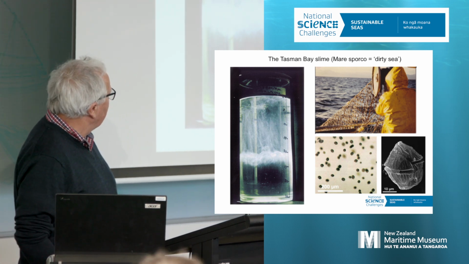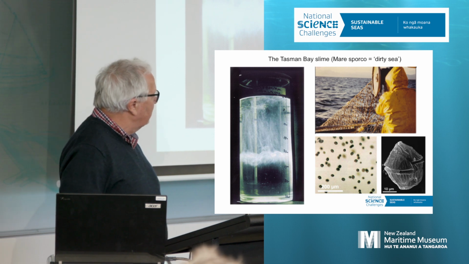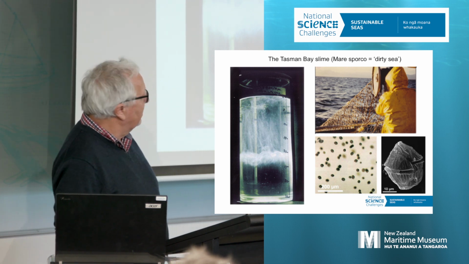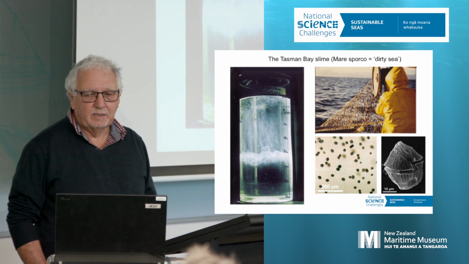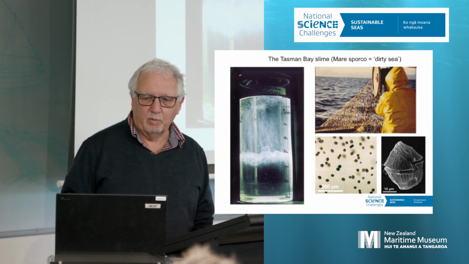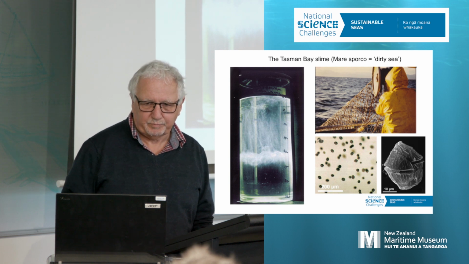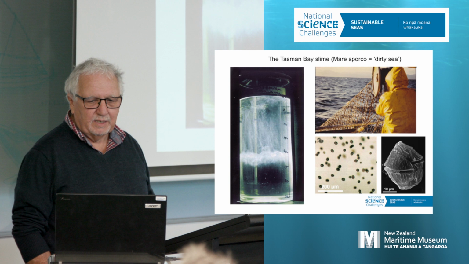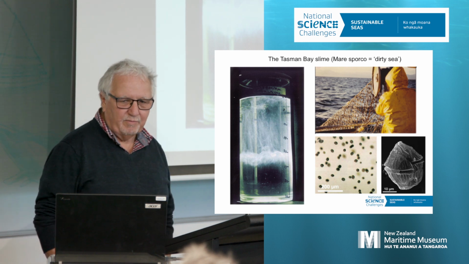A particular favourite of mine, this goes back many years, it's really the reason why I got involved in this area, was a bloom back in the early or mid-1980s, known as the Tasman slime bloom, and it was a very mysterious event.